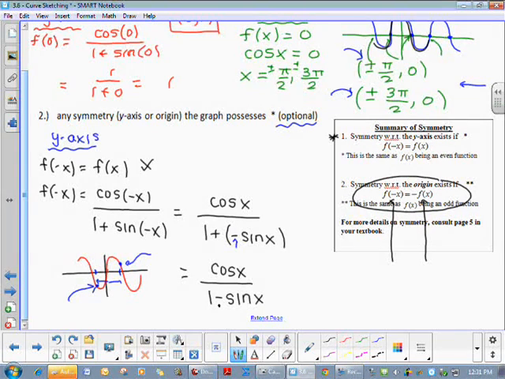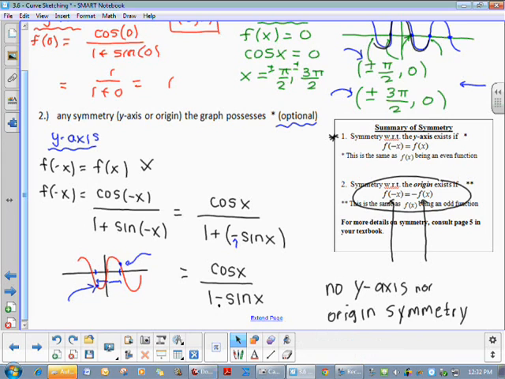So we have pretty much come to the conclusion that there is no type of symmetry whatsoever. No y-axis symmetry, nor origin symmetry. And while it might seem, oh man, we just wasted our time, I don't think so. I think that's going to be a nice little fact that we can file away once we get to the point where we've begun to graph.